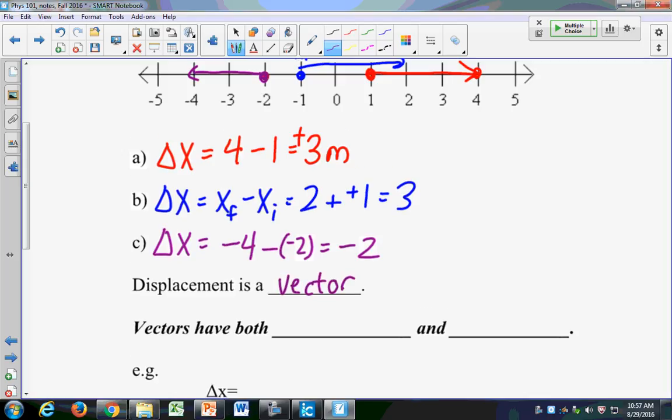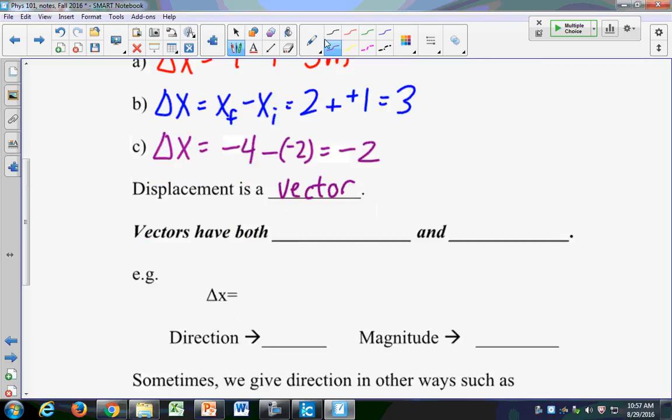And vector quantities have both magnitude and direction. Magnitude is just the value. So if I'm looking at this vector, negative 2, this is a displacement, it's in meters. The magnitude of this vector has what value? You'll think for just a second.